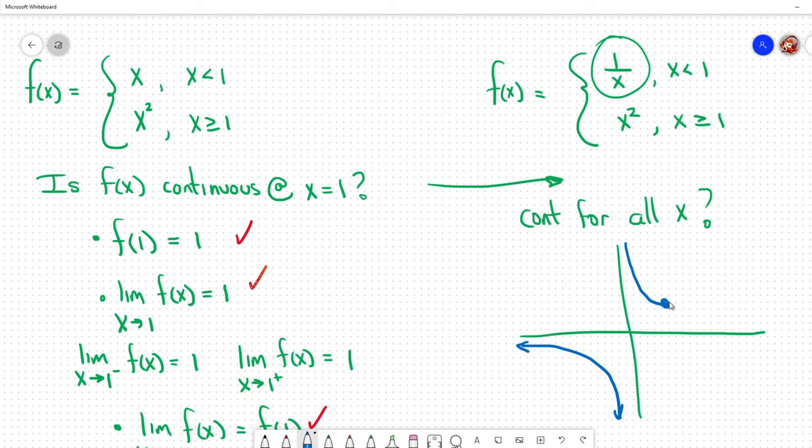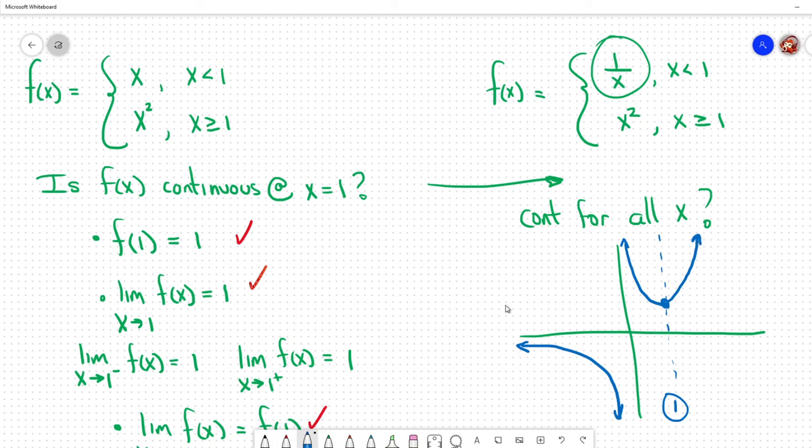So here's at 1. I'm going to draw a little dotted line here to indicate this is at 1. Okay. So here's where the reciprocal function stops, and then the parabola would have picked up from here.